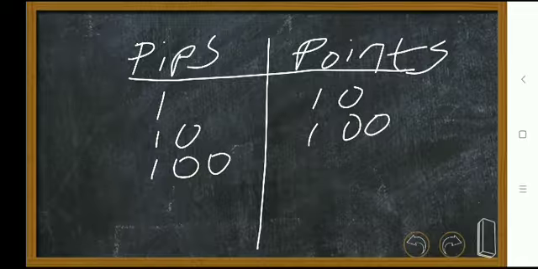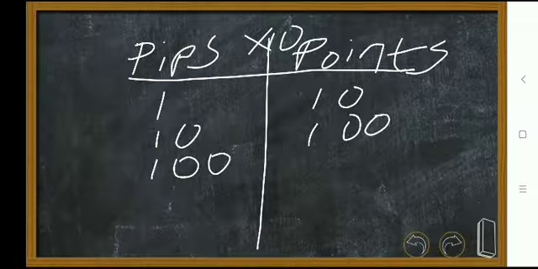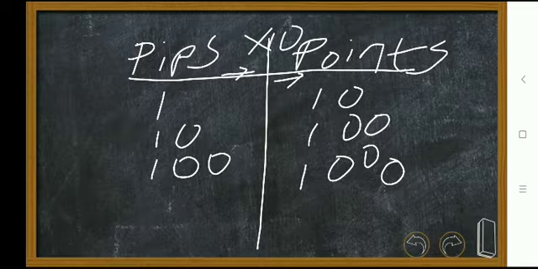Remember, we just multiply 10 to move from here to here. 100 pips is 1,000 points, because you'll find that mentors tell you to add pips, some tell you to add points, but then in most brokers you will find that they deal with points. So it's very important that you know the conversion from pips to points, or from points back to pips.